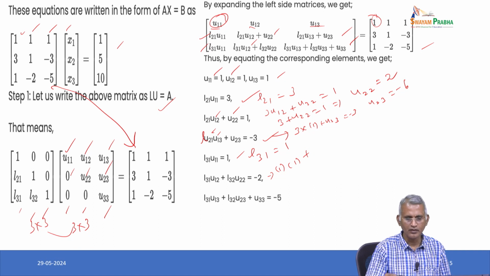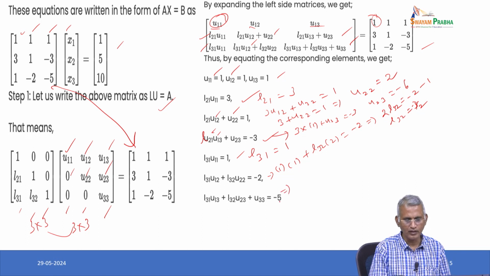L32 we do not know, U22 value you know, so L32 into U22 is 2, which is equal to minus 2, implies 2L32 equal to minus 2, and then this is 1 minus 1, therefore L32 equal to minus 3 by 2.